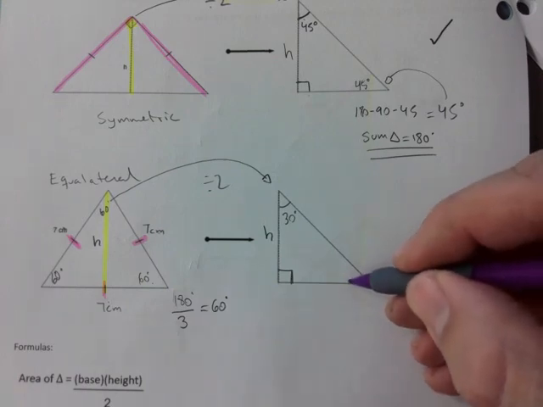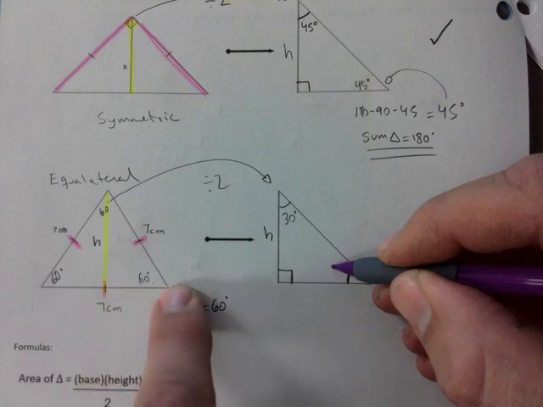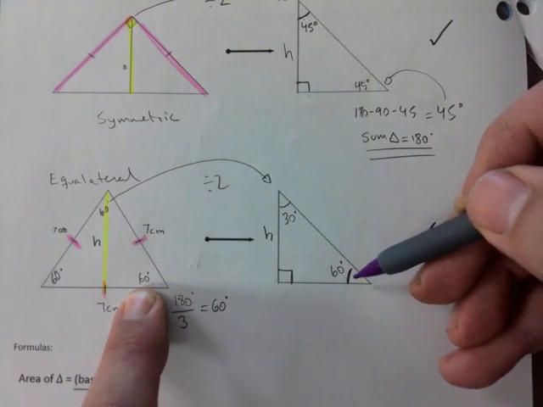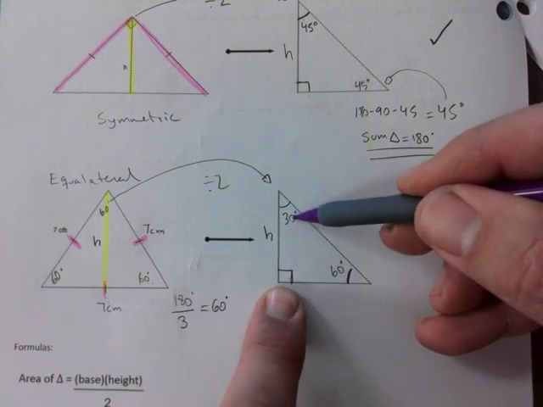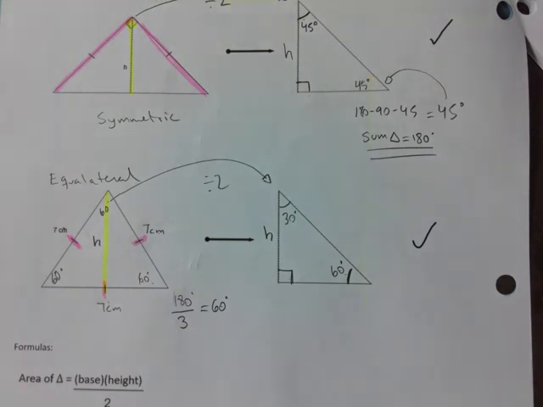And can we say that this is 60 here? Yes, in fact, right? This corner here gets copied over. But even if you weren't sure, you could have gone 180 minus 90 minus 30 and be left with 60. So regardless of how you do it, you should see that things kind of confirm and affirm each other.